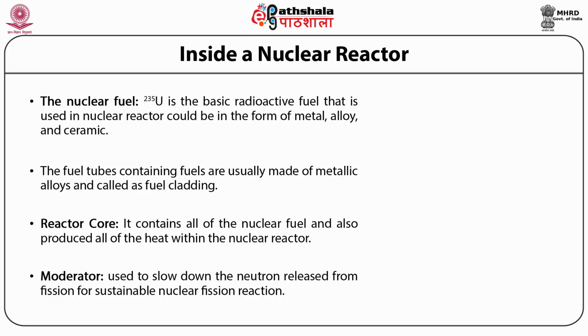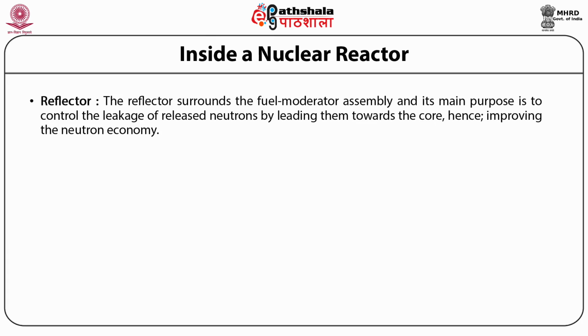Generally, heavy water and graphite are used as moderator materials. Reflector. The reflector surrounds the fuel moderator assembly, and its main purpose is to control the leakage of released neutrons by leading them towards the core, hence improving the neutron economy.